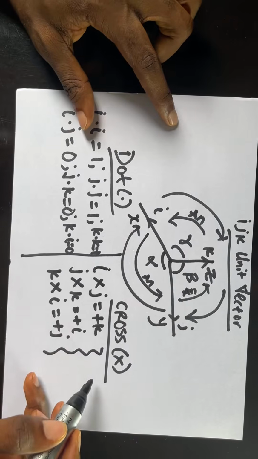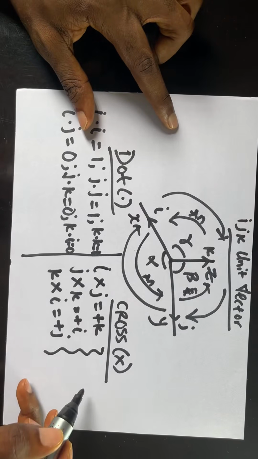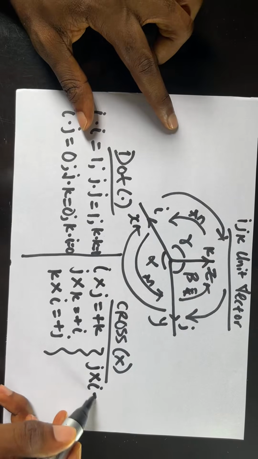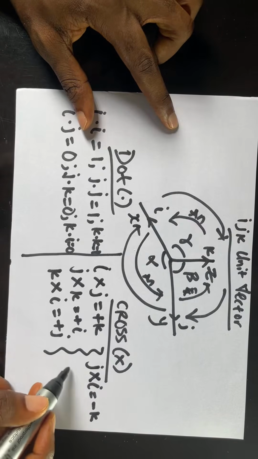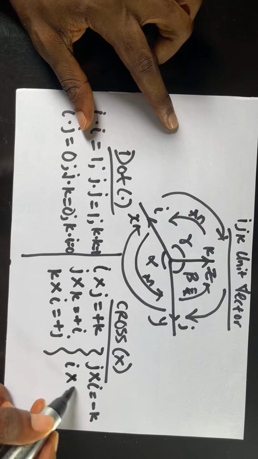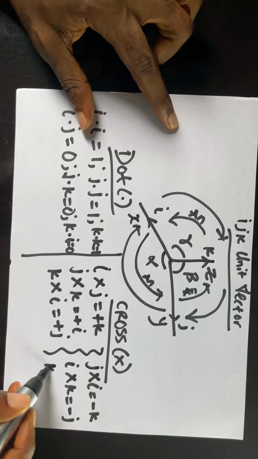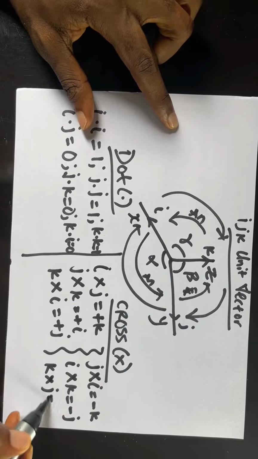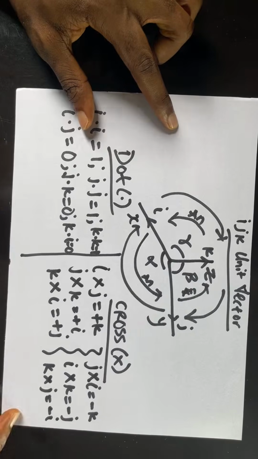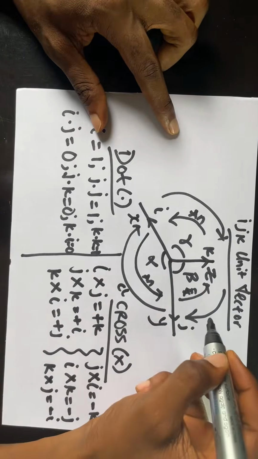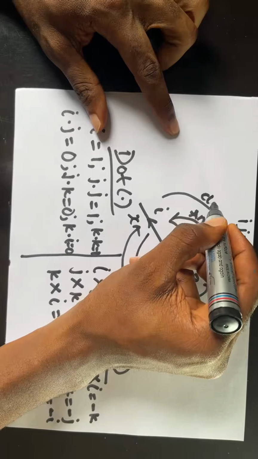Clockwise means J cross I is equal to minus K, I cross K is equal to minus J, and K cross J is equal to minus I. So this is for the anti-clockwise and the clockwise.